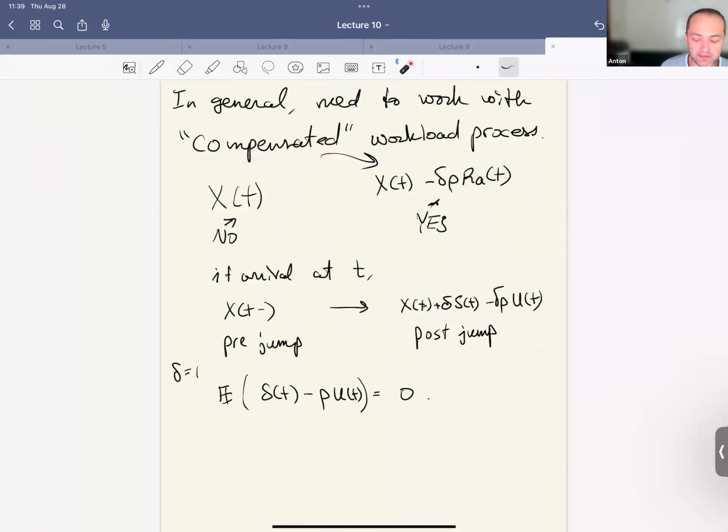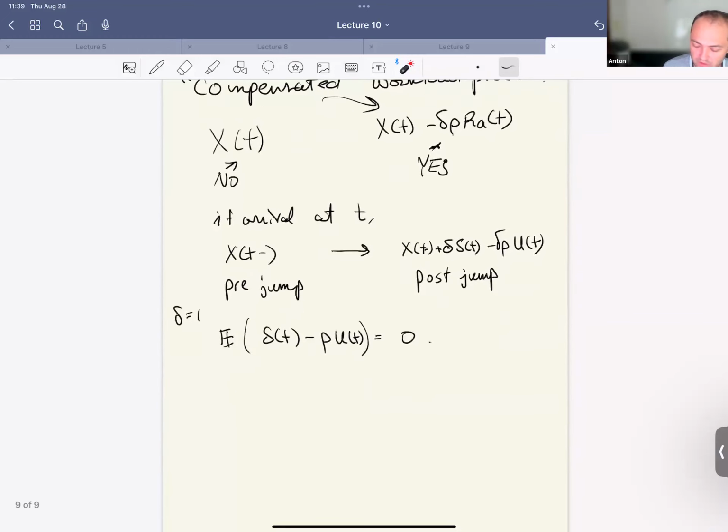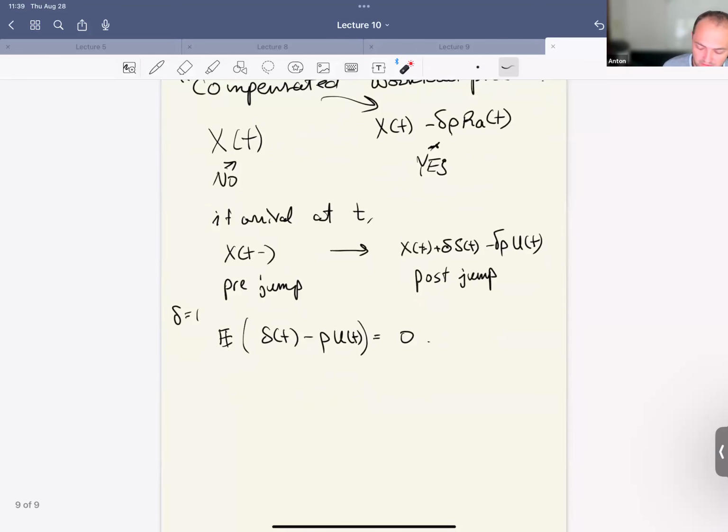And the key defining characteristic of a compensated process is that at a jump, the expectation of the difference, post-jump minus pre-jump, should be 0. Let me add that other people working with the BAR also stumbled onto this, maybe before us or independently.